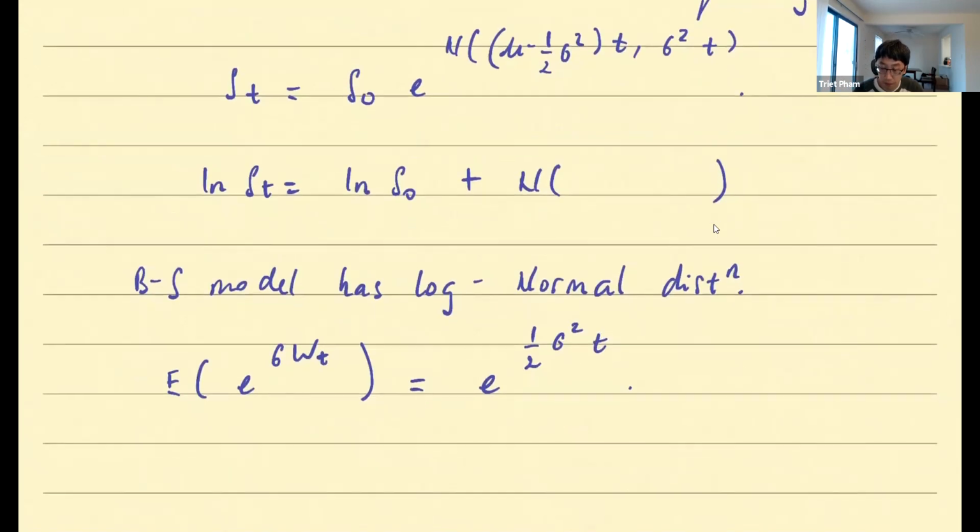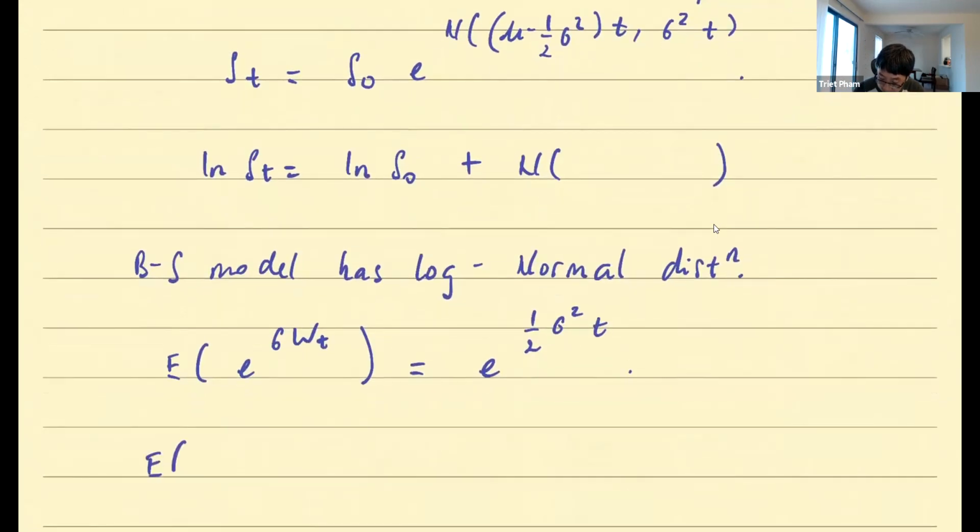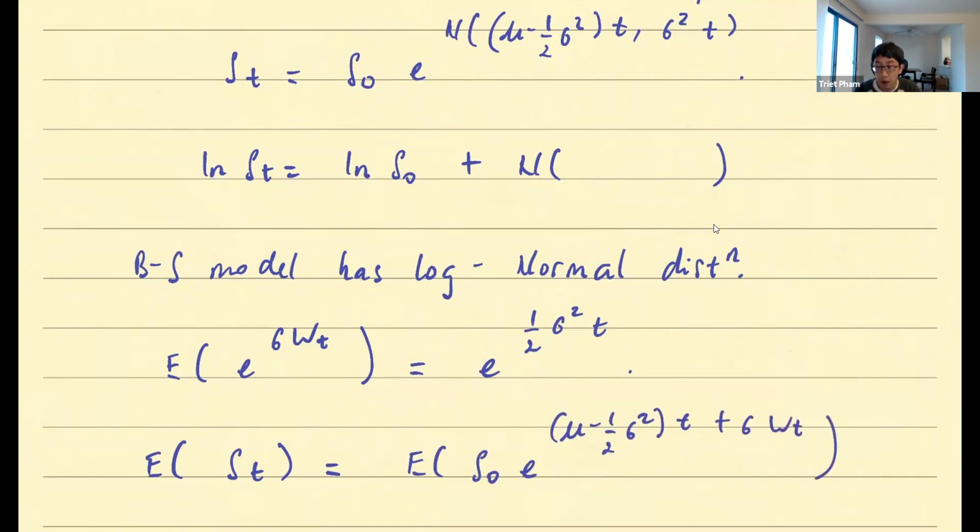So that means the expectation of S_T is what? The expectation of S0 e to the (mu minus 1/2 sigma squared) times T plus sigma W_T. Notice some mental math here. It's very easy. The plus here means multiply, in terms of exponential.